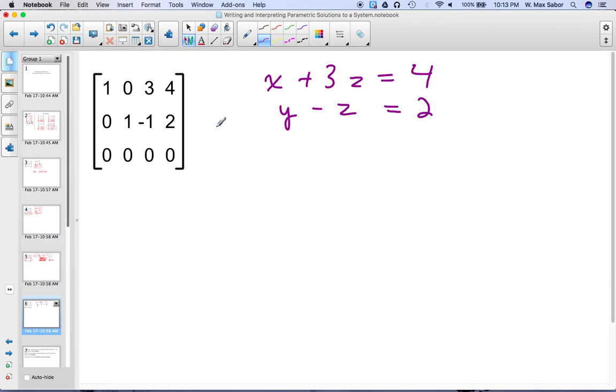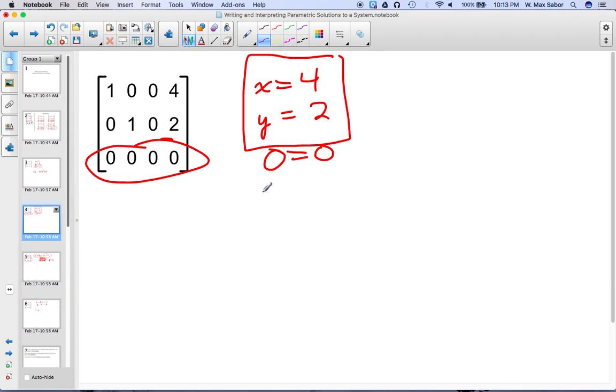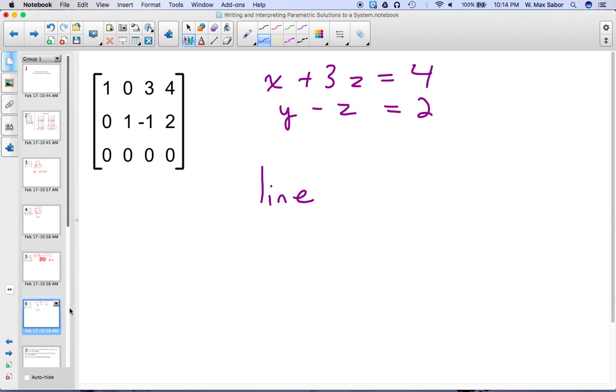So this is where we start setting up parametric equations, and this is another line. So this was a line. This was the line where x is 4 and y is 2. But this is going to be a line that we're going to need to write in parametric form, or symmetric form, but typically parametric is going to be easier for this purpose.